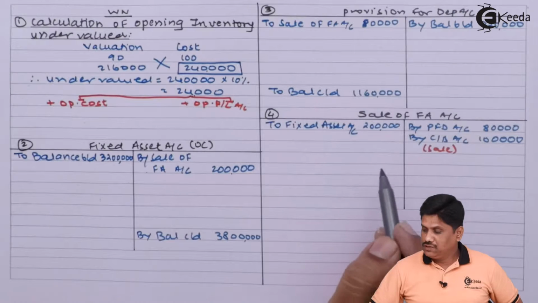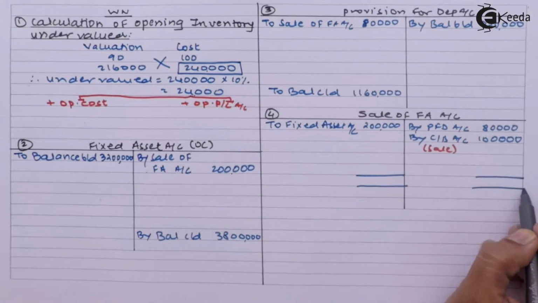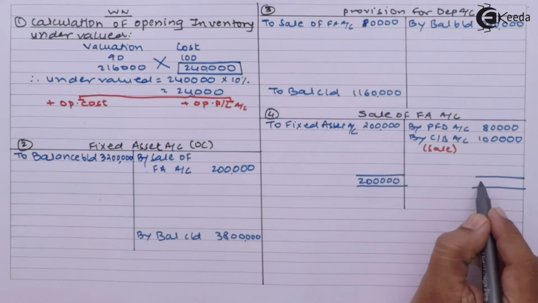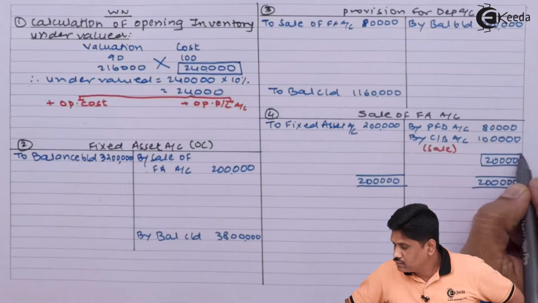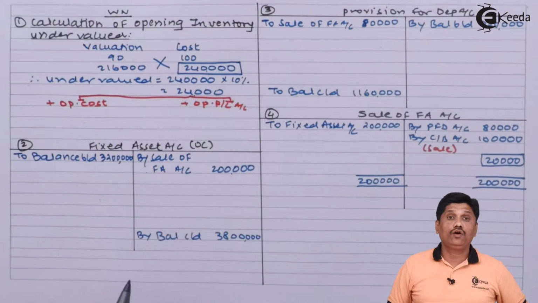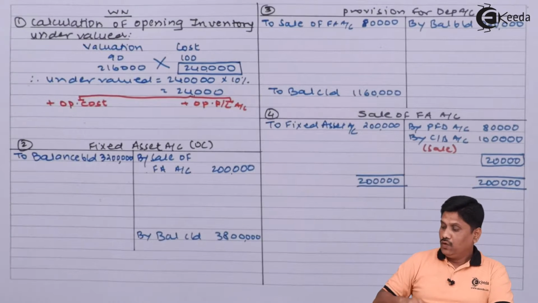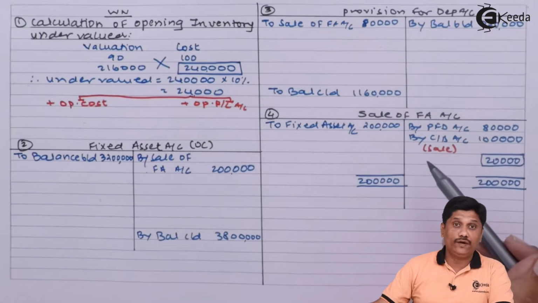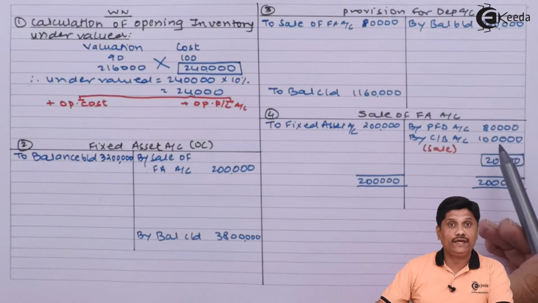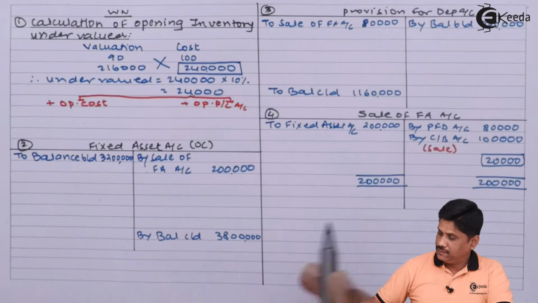Now I need to close this account. This difference shows me a loss on sale of fixed asset because if you can see original cost was 2 lakhs, PFD is 80,000, so WDV is 120. It is sold for how much? 1 lakh. So we have made a loss of 20,000 which is definitely transferred to P&L.